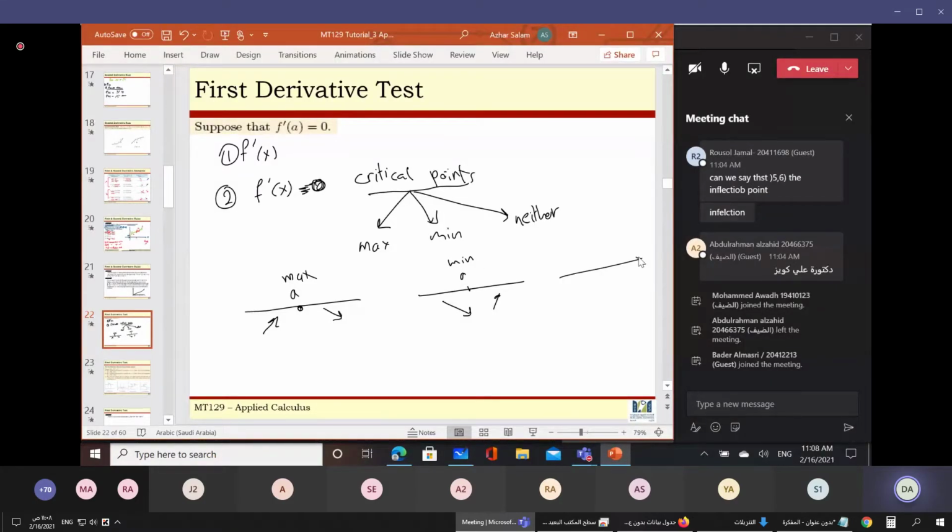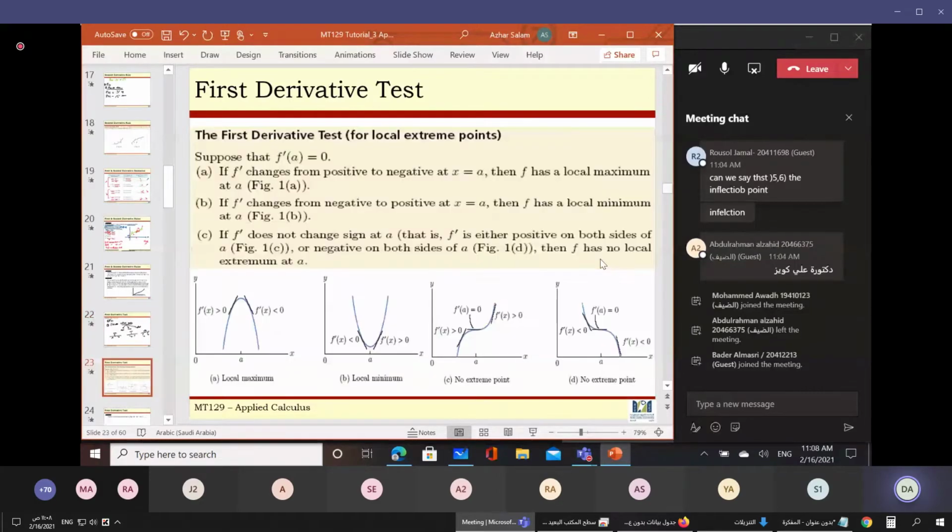And if it didn't change the sign, it could be increasing on both sides. This will be neither maximum nor minimum, or it could be decreasing, and it will also be neither. Okay, this is the first derivative test.